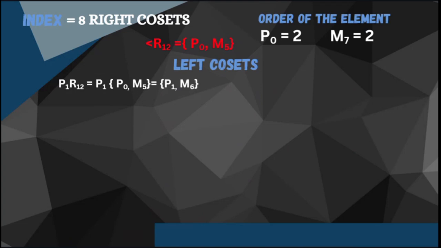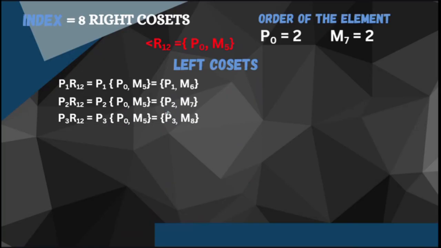We have rho sub 1 multiplied by R sub 12. The results are rho sub 1 and mu sub 6. For rho sub 2 multiplied by R sub 12, we have rho sub 2 and mu sub 7. For rho sub 3 multiplied by R sub 12, we have rho sub 3 and mu sub 8.